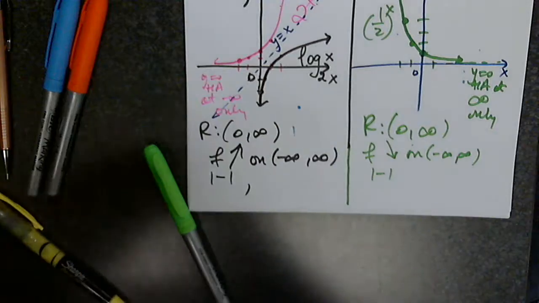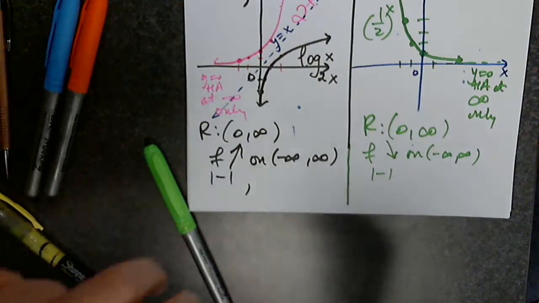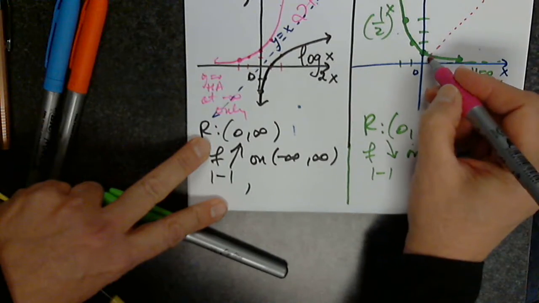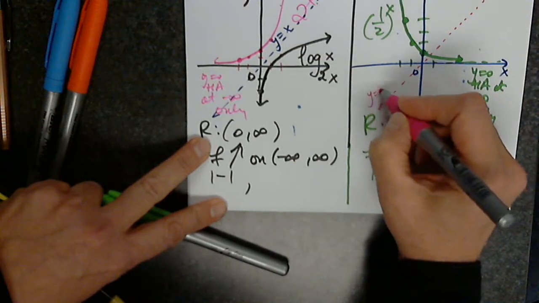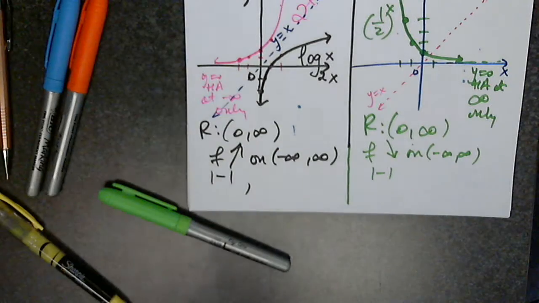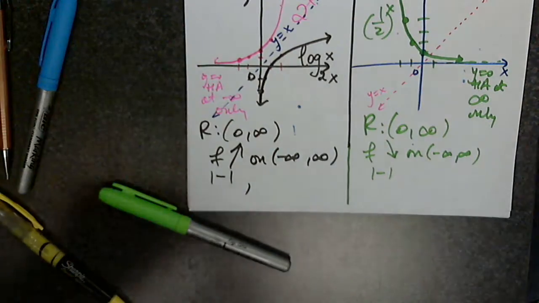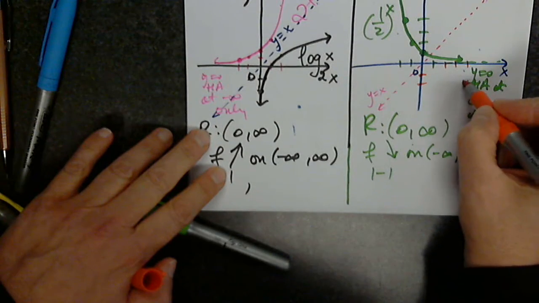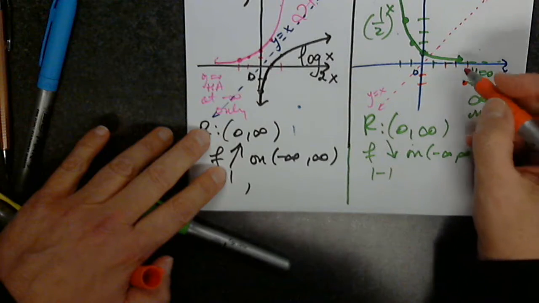Therefore, it will have an inverse. Can I graph its inverse? It will have to be symmetric with respect to y equals x. Can anyone give me some points so I can plot the inverse? Yes, 4 comma negative 2. You said 2, negative 1.